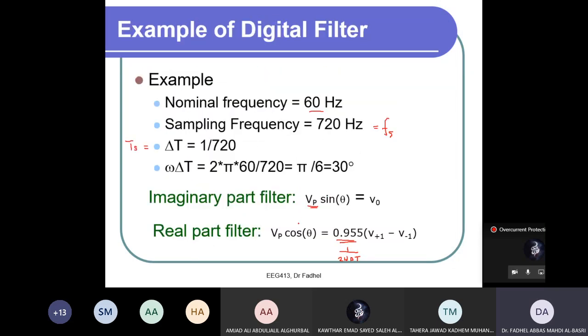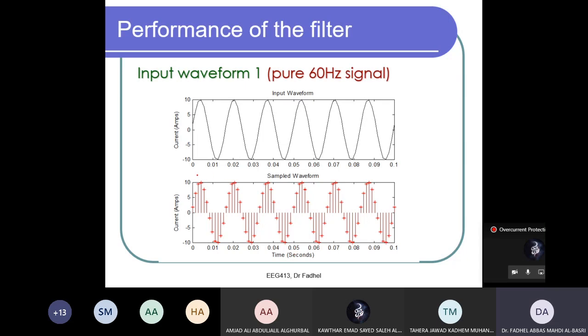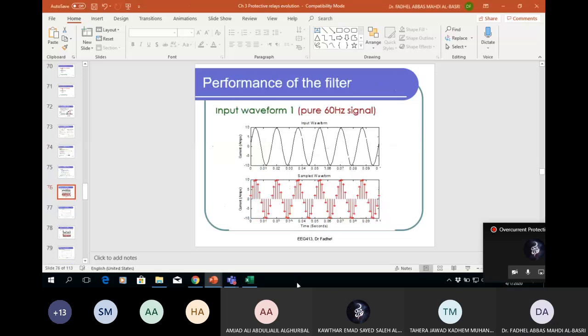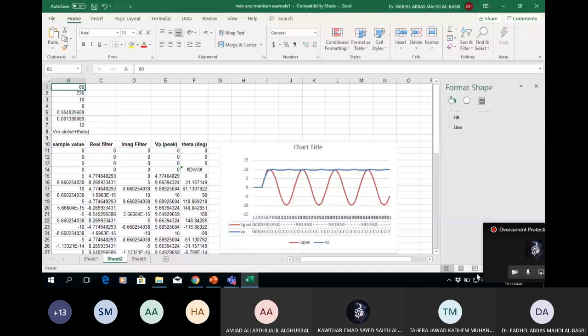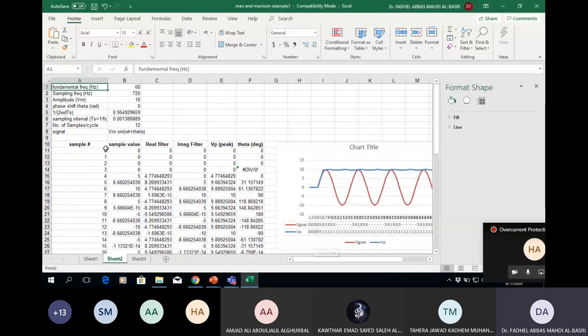Now let's assume, I'll show you. I did it in Excel. So what I did, I assumed this is a fundamental of 60 Hertz, with sampling frequency 720. Can you see this clearly?